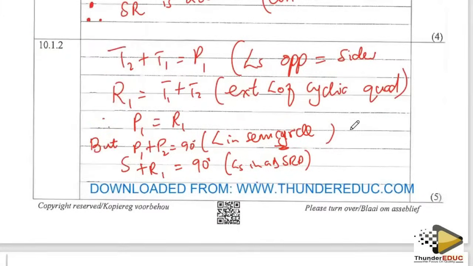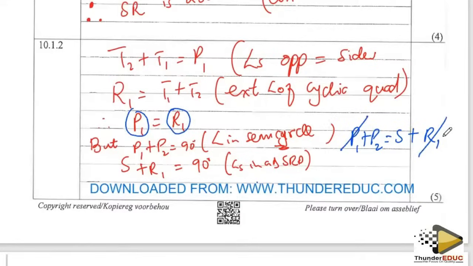P1 plus P2 is the same as S plus R1. But we said that P1 and R1 are the same. So this and this are the same, which means that P2 is the same as S.